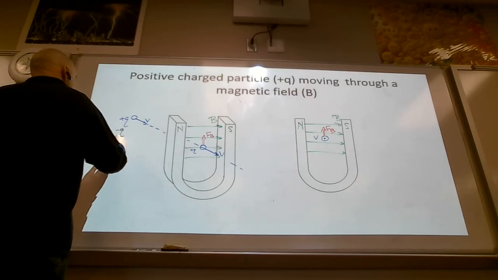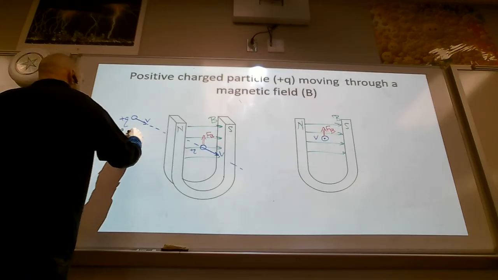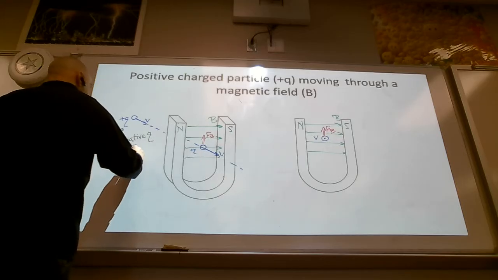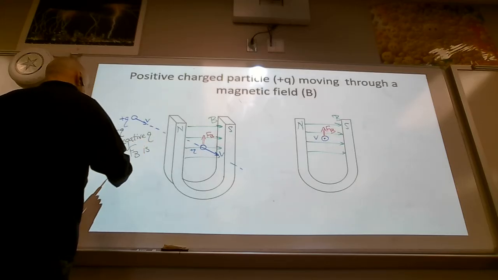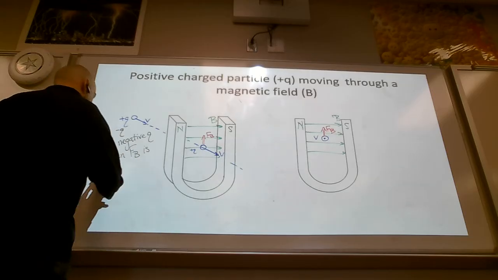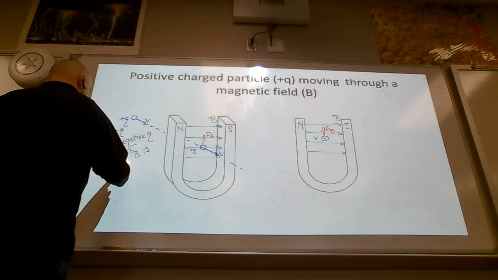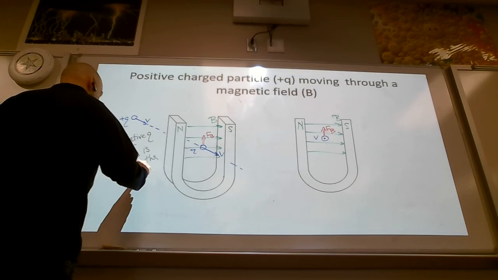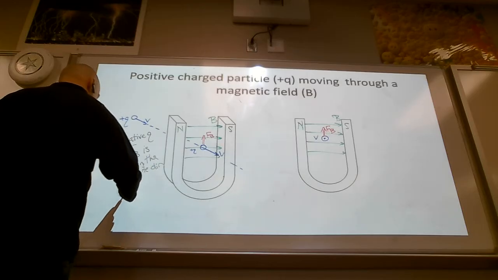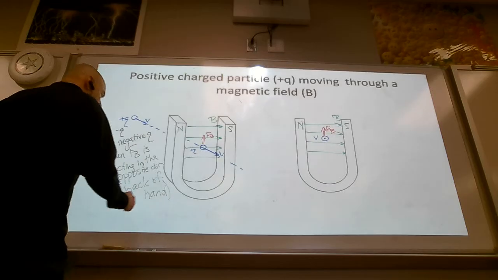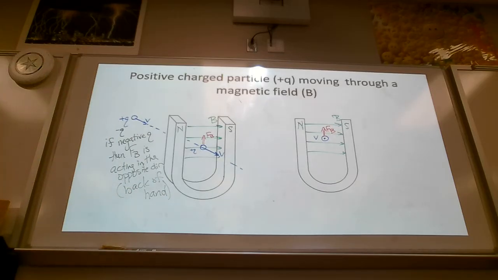So if you have a negative charge, then the magnetic force is acting in the opposite direction, which we're going to use the back of the hand.